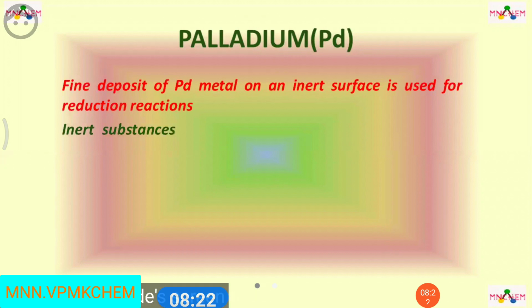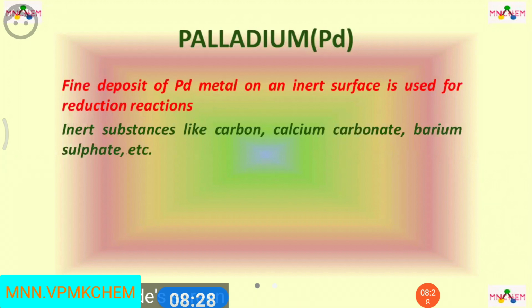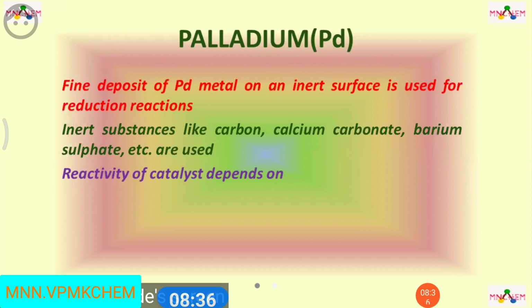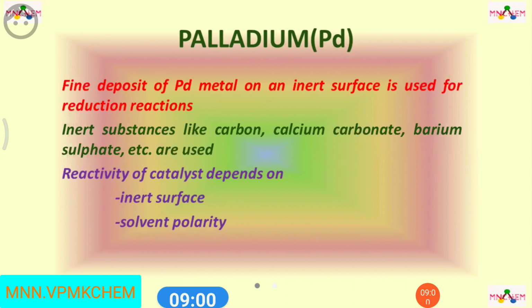The inert surfaces used are carbon, calcium carbonate, barium sulfate, etc. The reactivity of this palladium catalyst depends on two things. First is the inert surface used to support the palladium metal, and second is the solvent used in the reaction. So the polarity of the solvent also affects the reactivity of this palladium catalyst.